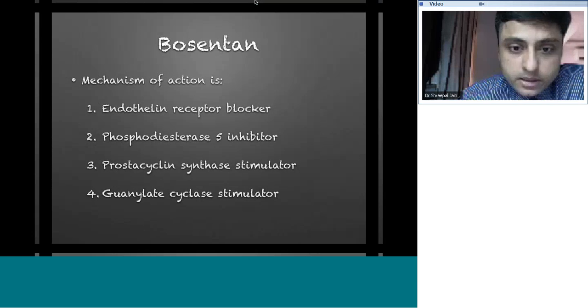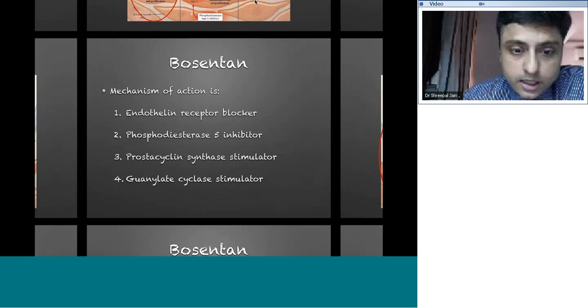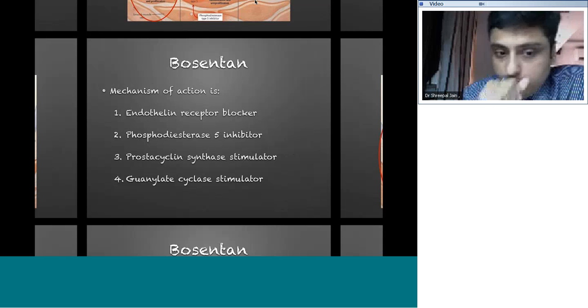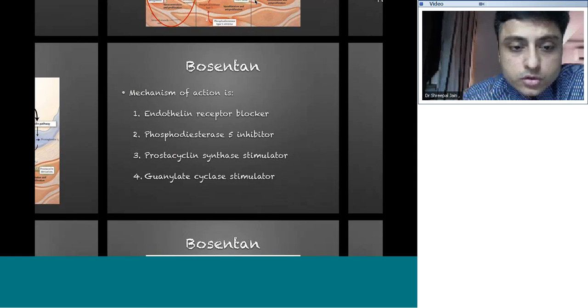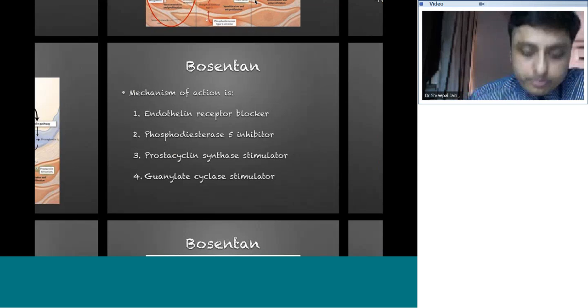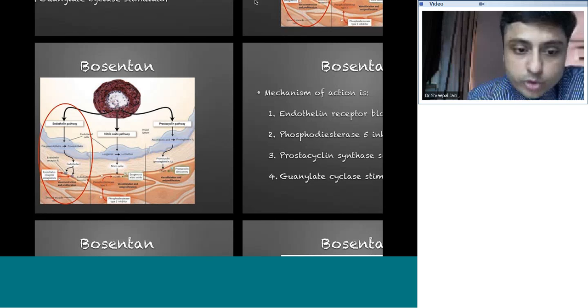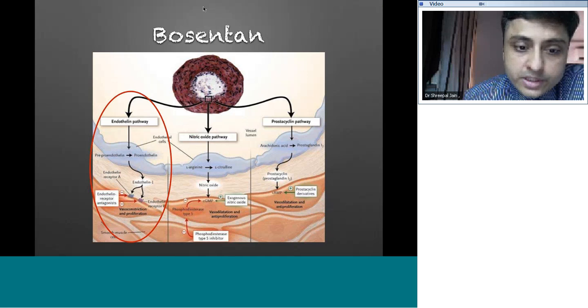So as you can see on the left half of this picture, you have your endothelin pathway where the pre-pro-endothelin gets converted to pro-endothelin, leading to formation of endothelin 1, which via action on endothelin A and endothelin B receptors is a potent vasoconstrictor and a pro-proliferation drug.